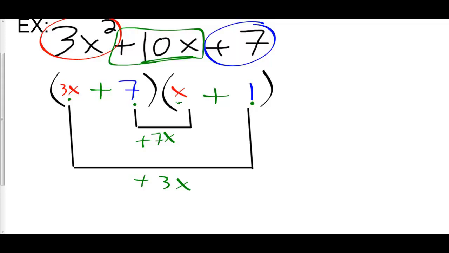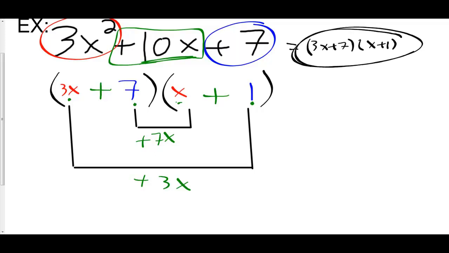And this would actually be my answer. So this whole entire thing up here, 3x squared plus 10x plus 7, actually equals 3x plus 7 times x plus 1, factored. It's the same thing. That's the answer in the circle.